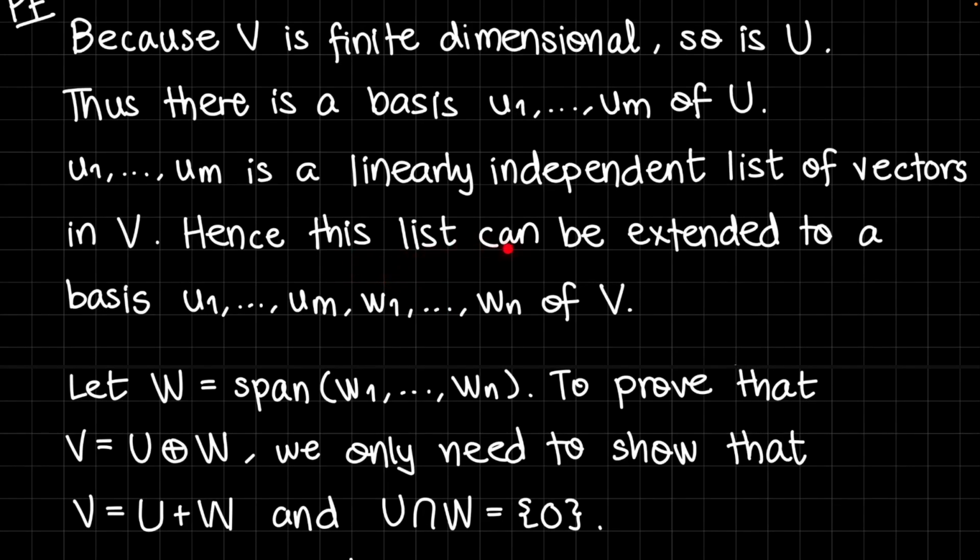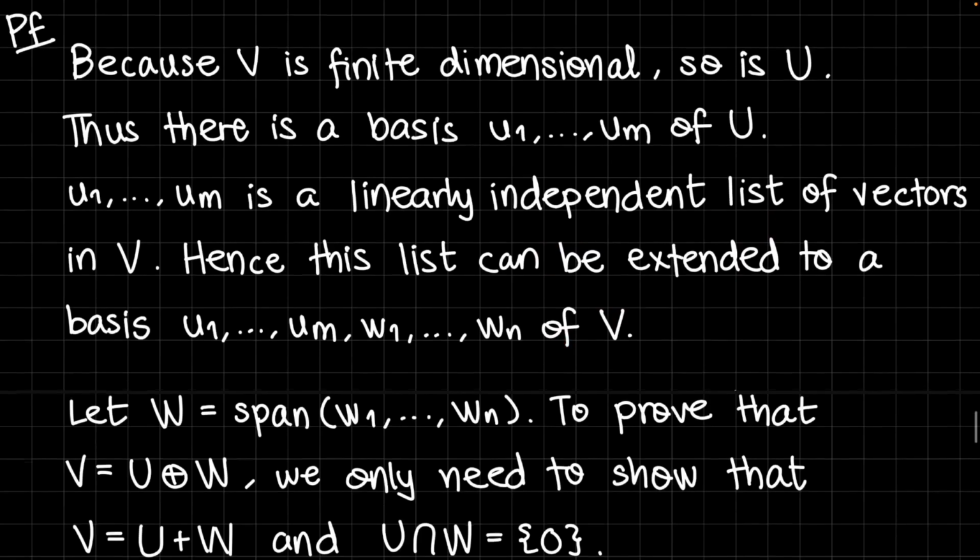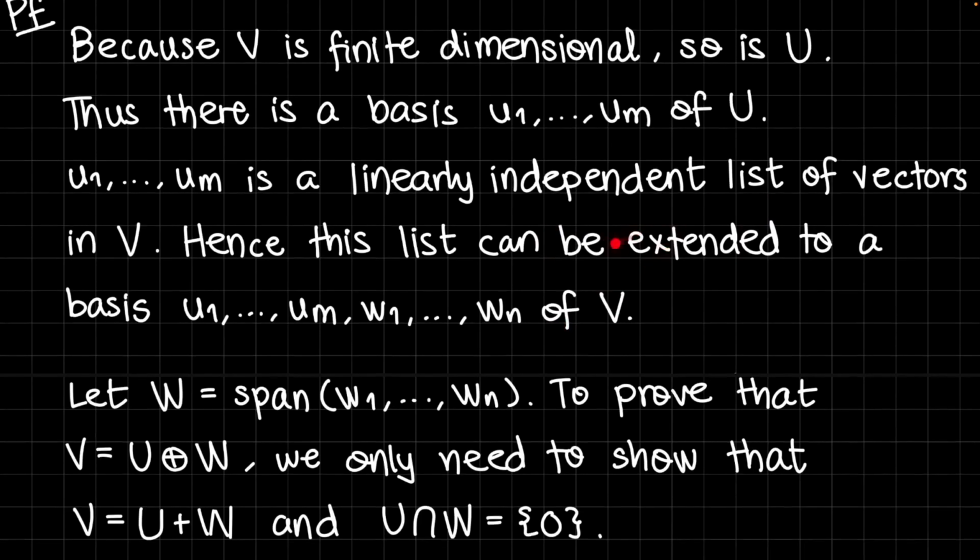So therefore, this list can be extended to a basis u1 through um, w1 through wn of V from the previous result: that if you have a linearly independent list, you can extend that to a basis. So that's what we've done. We've noted that this u1 through um, which was a basis of U, is actually linearly independent in V and can be extended to a basis of V.